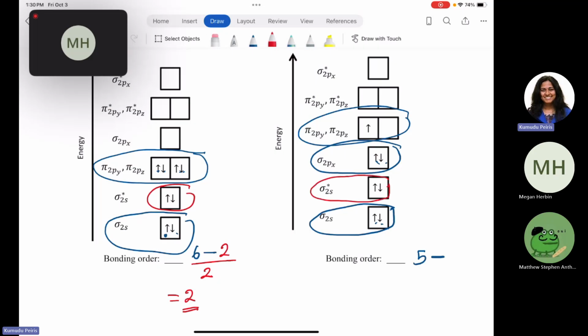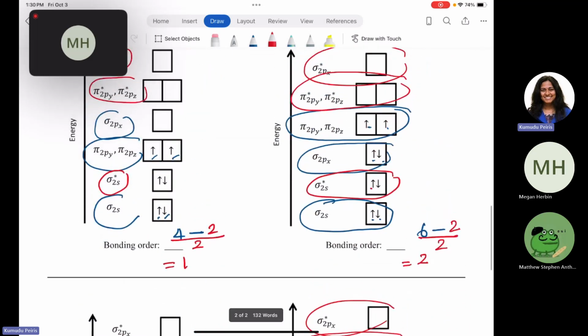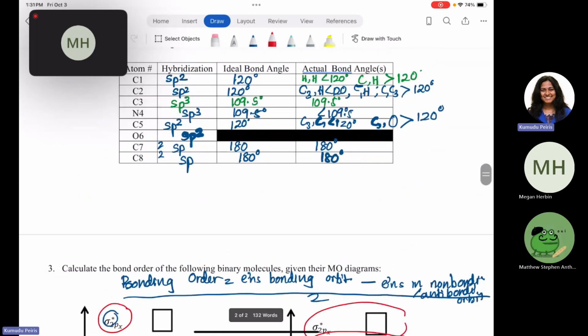These anti-bonding orbitals are empty. So 5 minus 2 divided by 2 will be 3 over 2, or it will be correct if you mention it as 1.5 as well. Okay, so that's all for worksheet number 3 for unit exam 2.